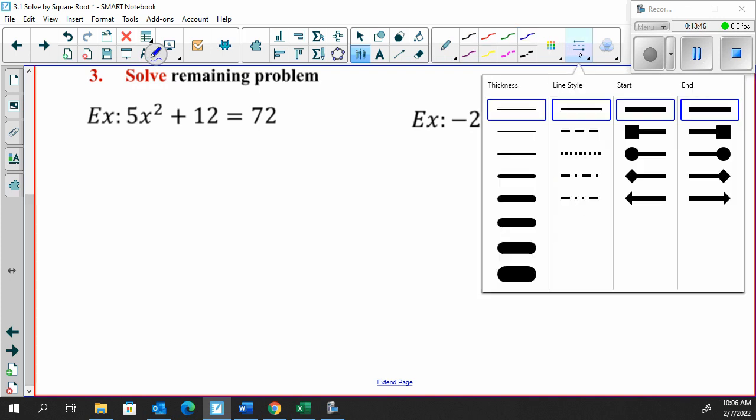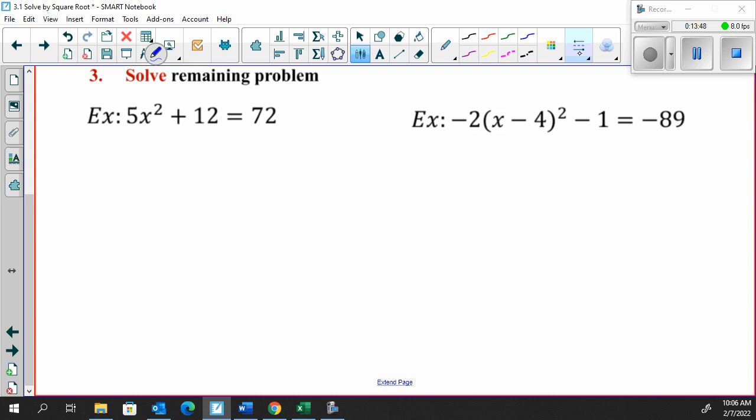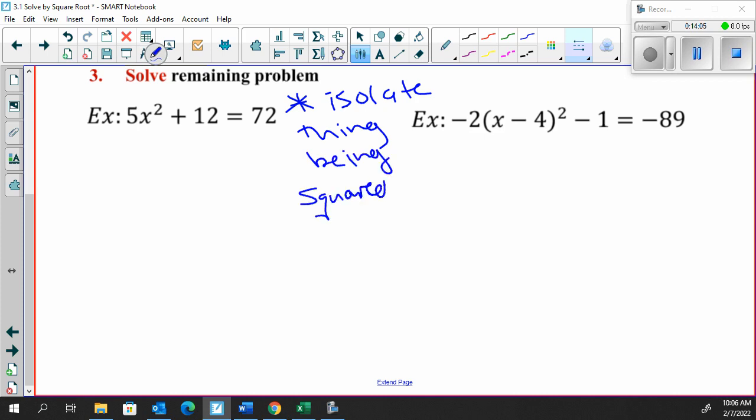We got 5x squared plus 12 equals 72. So the first thing that you want to do is isolate the thing being squared. Isolate the thing that's getting squared. So I got x squared, right?